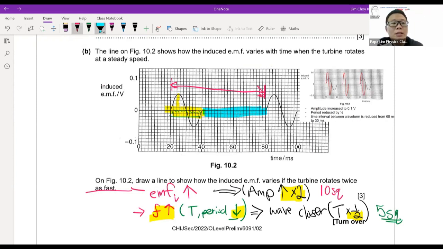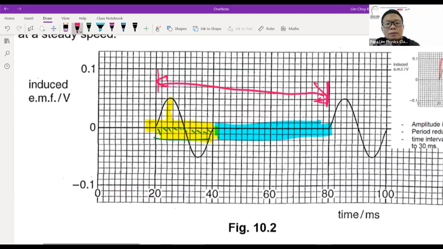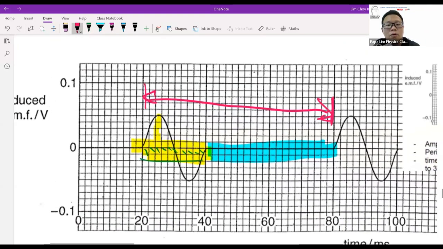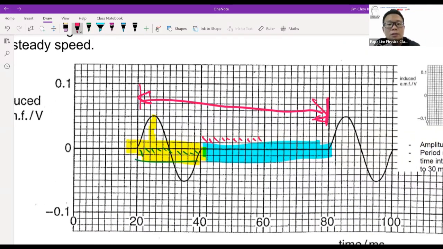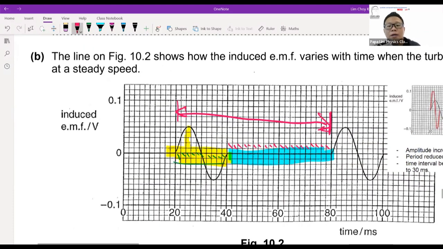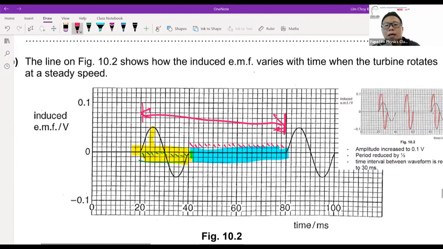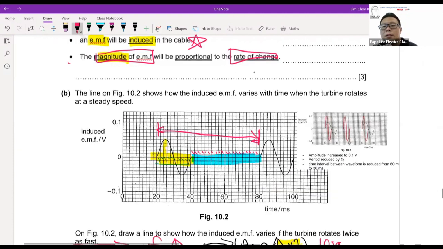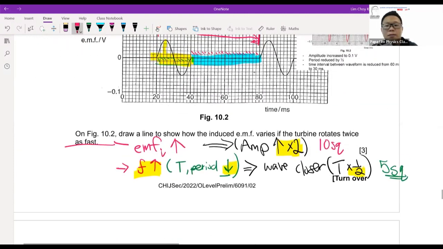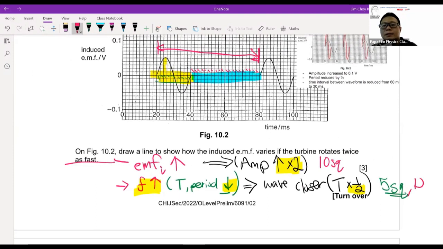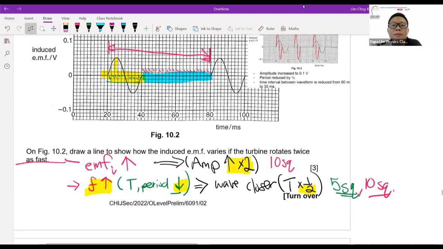Originally, how many squares am I looking at? 1, 2, 3, 4, 5, 6, 7, 8, 9, 10, 11, 12, 13, 14, 15, 16, 17, 18, 19, 20. So the new wave will be 10 squares apart. Just now it was 20 squares apart, now it will be 10 squares apart. With this information, you will be able to draw the new waveform here.